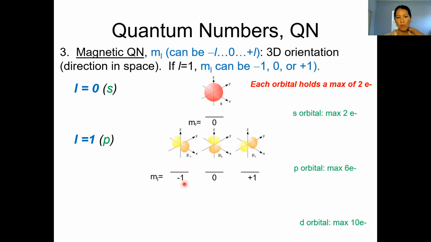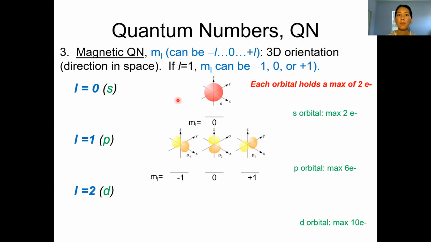I don't need you to know that m sub L equals minus 1 is a specific direction in terms of, oh, that's definitely Px or that's definitely Pz. I just need you to know it's one of the directions. And we put it in the order minus 1, 0, plus 1. Okay, if you have an L equals 2, you know that's a d.